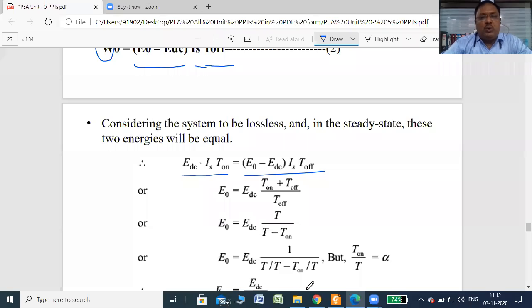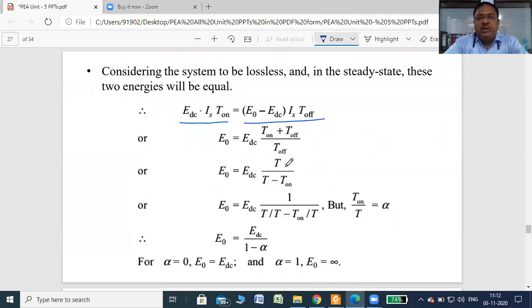So EDC into IS into T on is Wi, and E0 minus EDC into IS into T off is W0. So E0 equal to EDC times T on plus T off divided by T off. Then E0 equal to EDC times T divided by T minus T on, because T on plus T off is nothing but T, and T off is T minus T on.